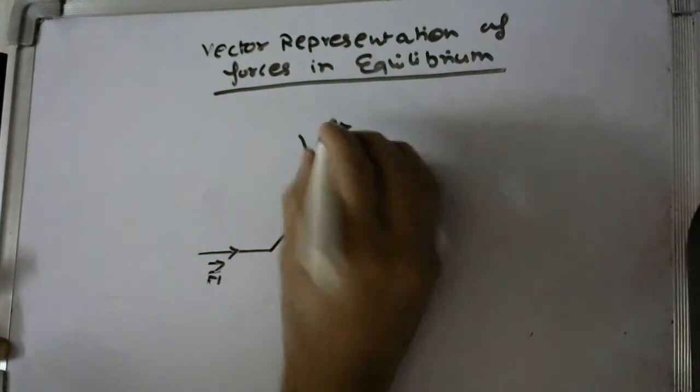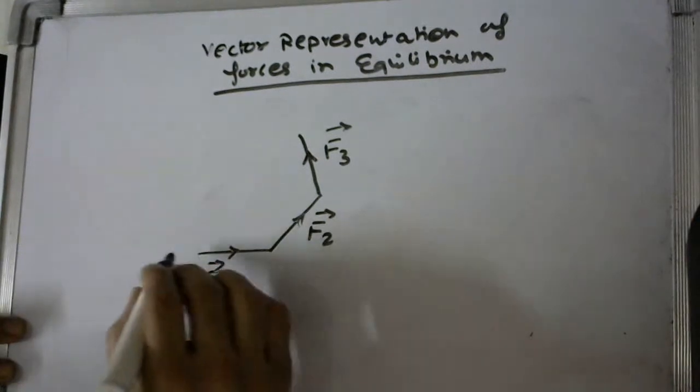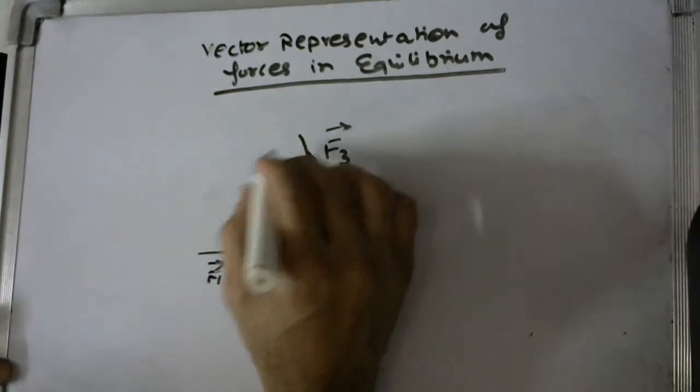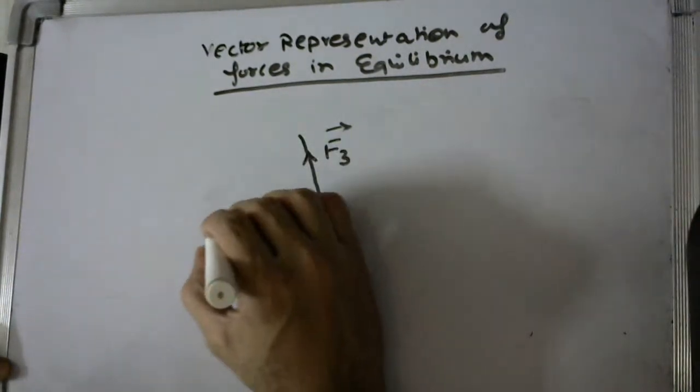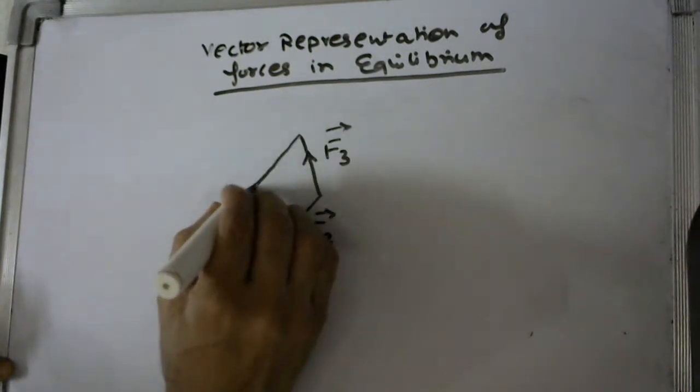Let us say there are three forces acting on the object. Now, if these are the only three forces acting on the object, their resultant is vector R.